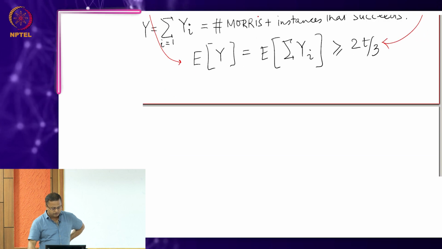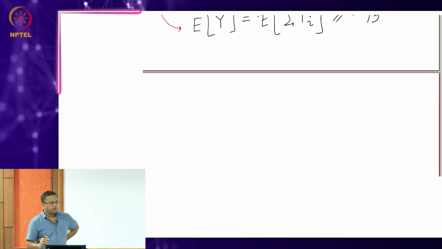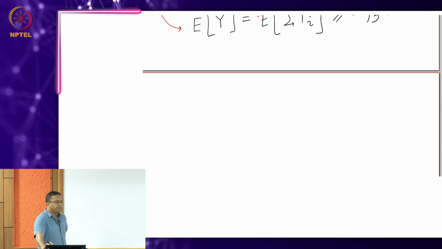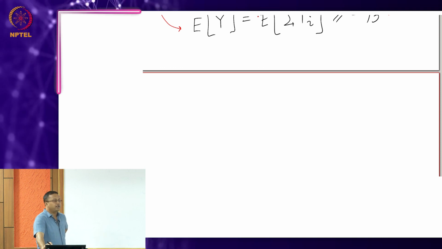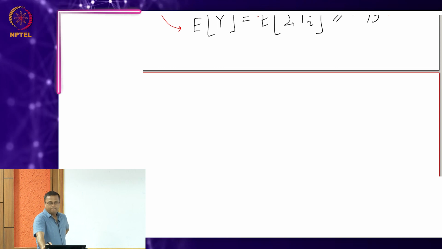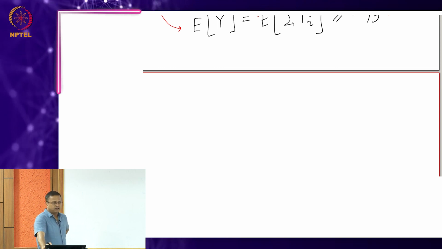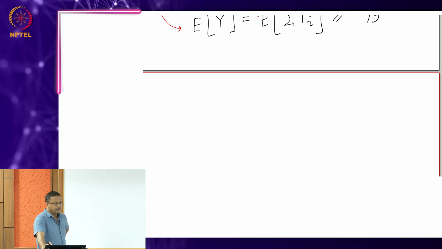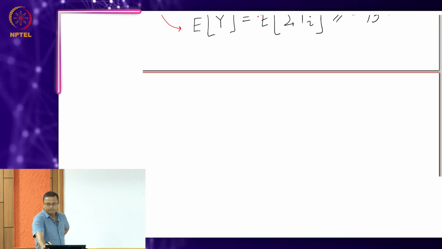Okay. Now we would exploit the fact that we have taken the median, right. So what I have done is I have taken the median of this t instances, fine.